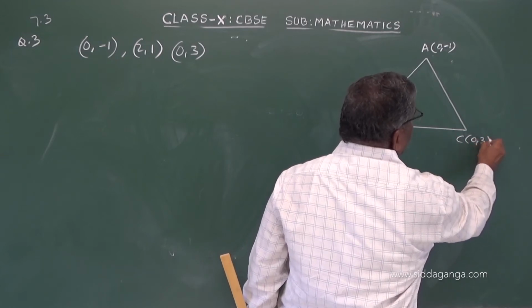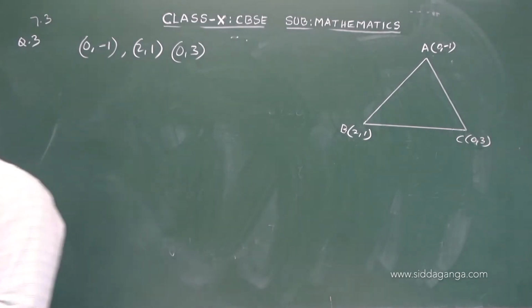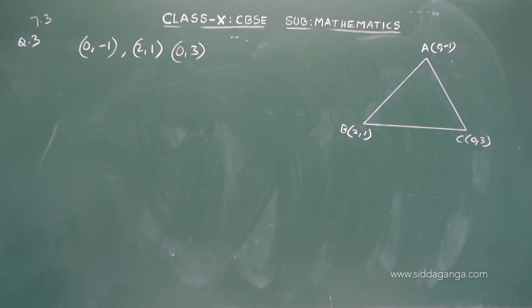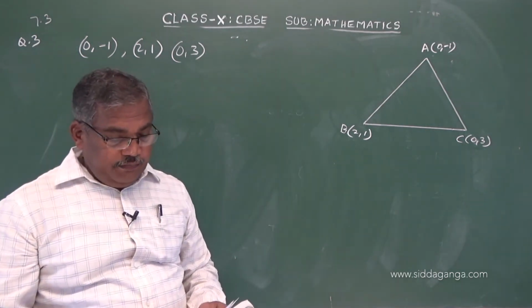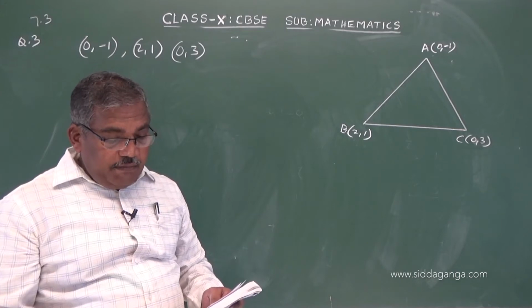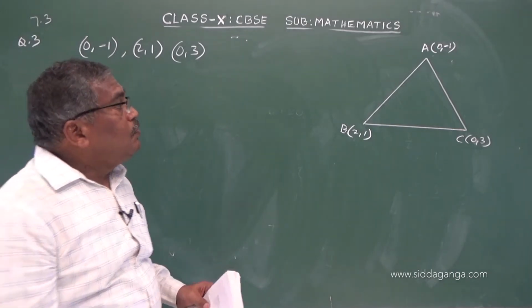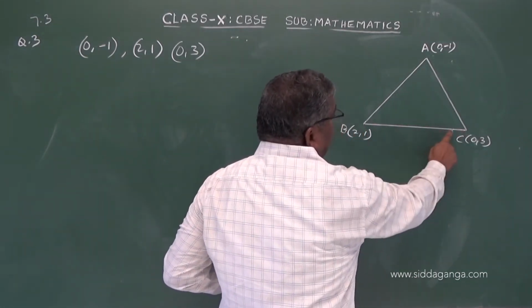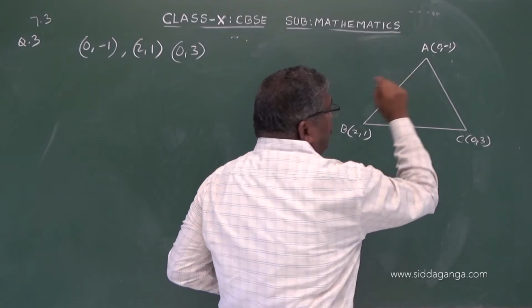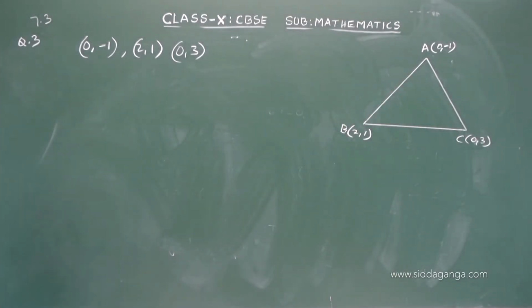So here the question is: find the area of a triangle formed by joining the midpoints of the sides of the triangle. So we have to take the midpoint of these sides and join them. So there we will get another triangle.